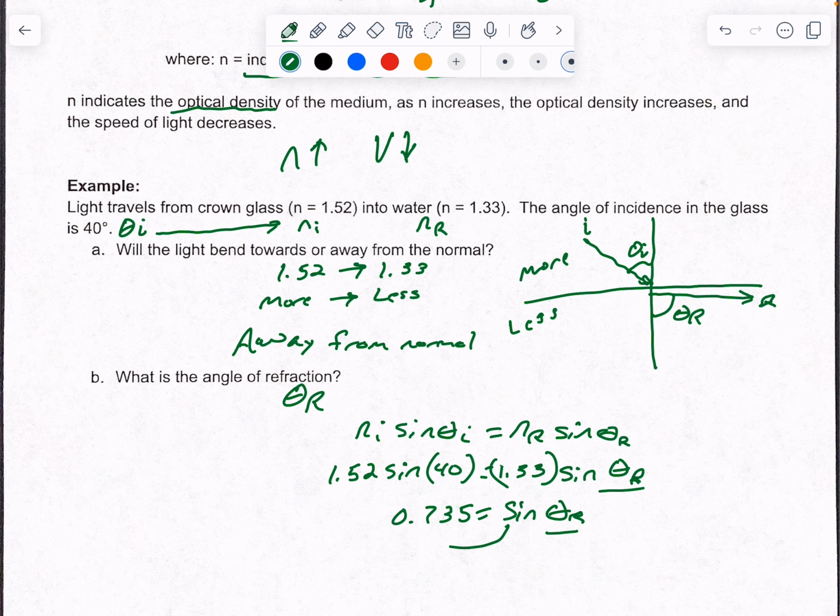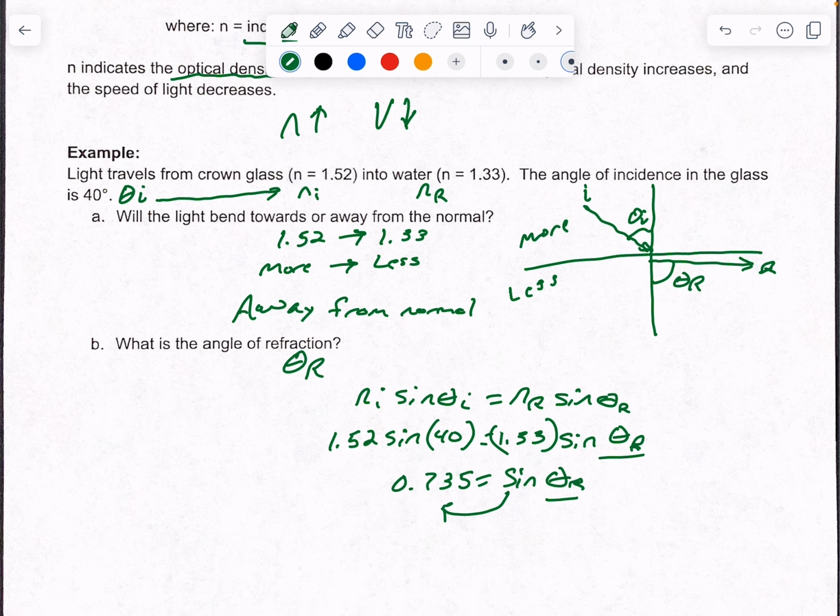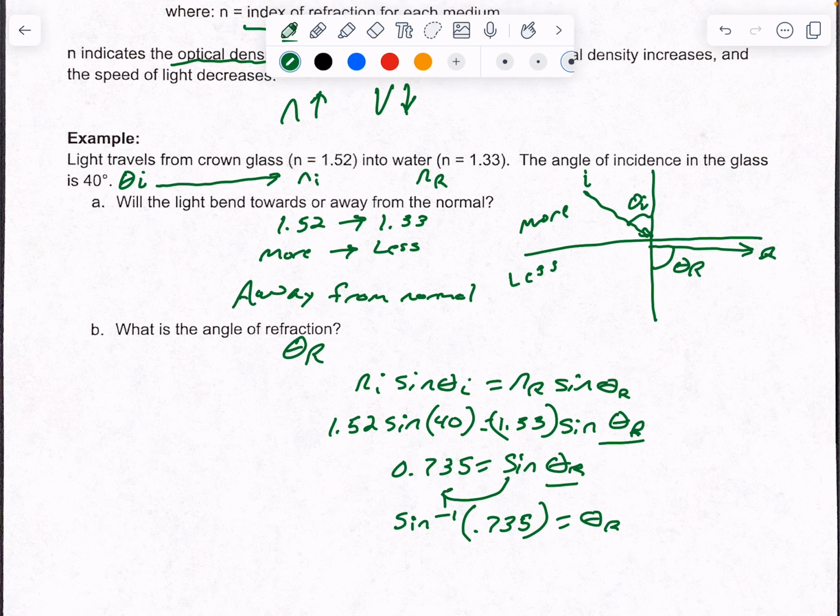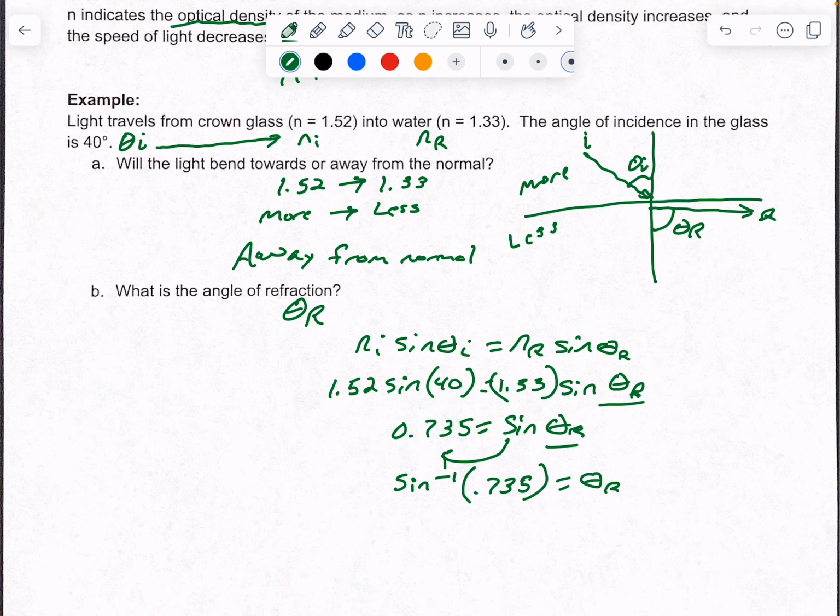So what I'm going to do is bring that sine over, and when you do, it becomes inverse sine, so sine with a -1. All you got to do is press second sine in your calculator to get that, and you put 0.735 in it, equals theta R. So press second sine, 0.735, press enter, and you're going to get an angle of 47.31 degrees.